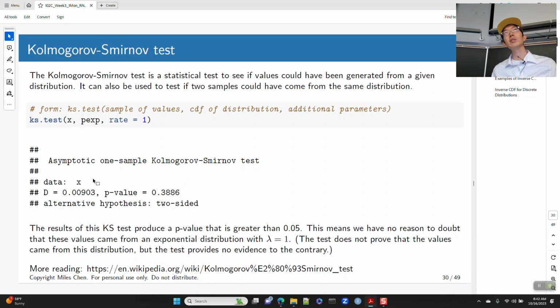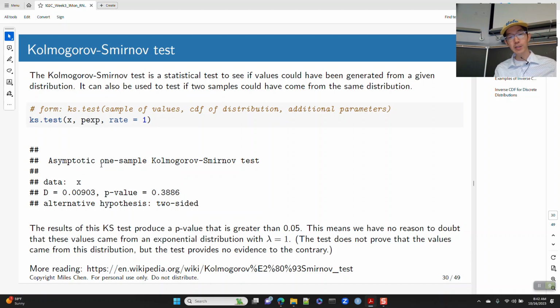It could also be used to test if one set of values is coming from a theoretic distribution. So this is what we're going to do. We're going to take our random values X and compare them to the theoretic distribution given by P exponential with rate parameter equal to 1.